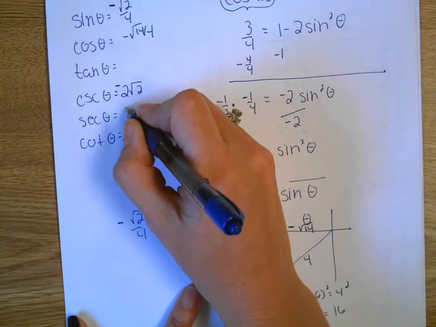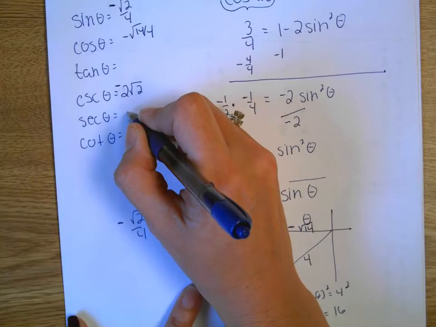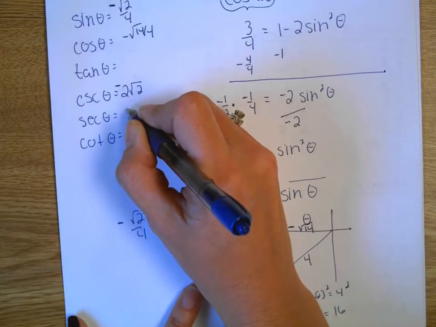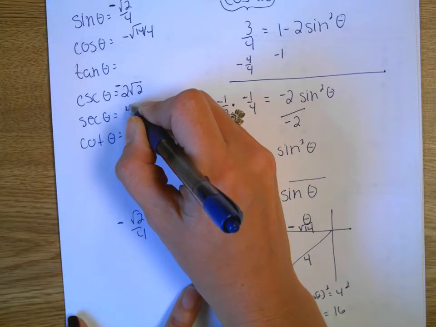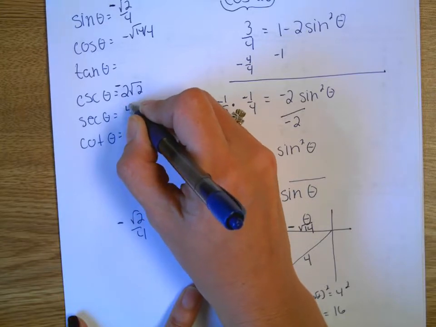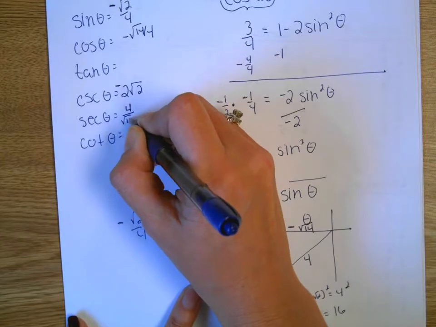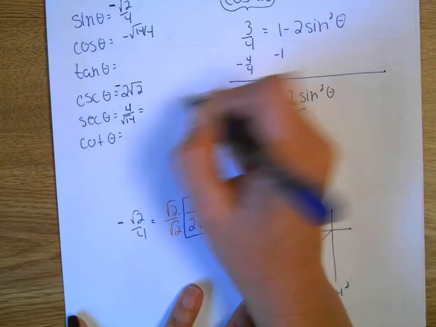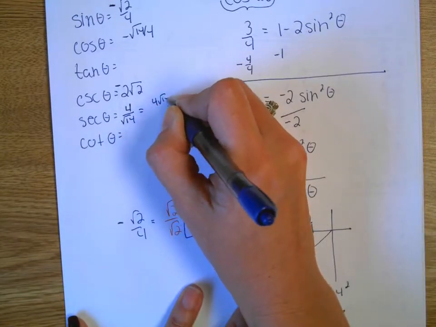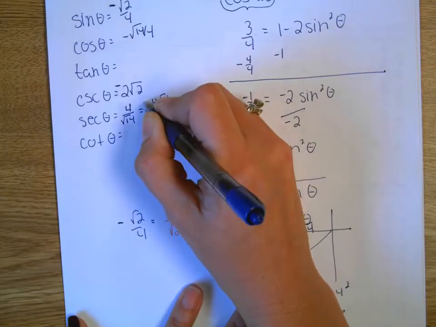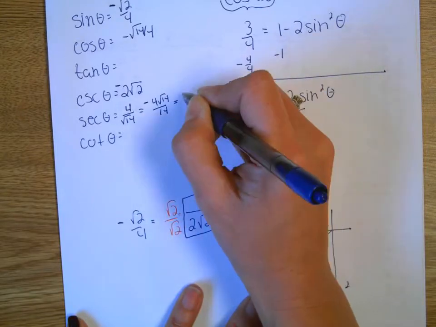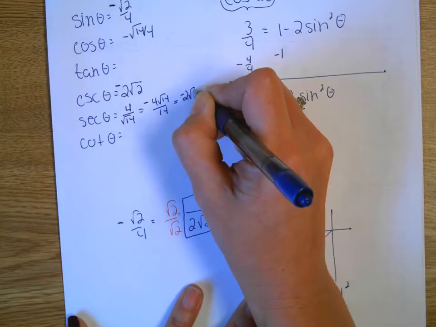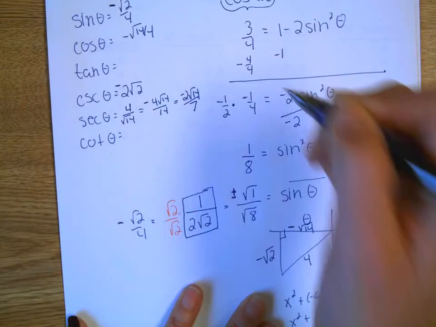It'd be 4 square root of 14 over 14, but then you have to simplify. So it'd be negative 4 square root of 14 over 14, but then the 4 and the 14 reduce each other. So we'll get negative 2 square root of 14 over 7.